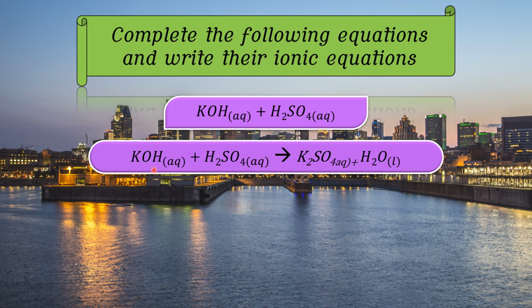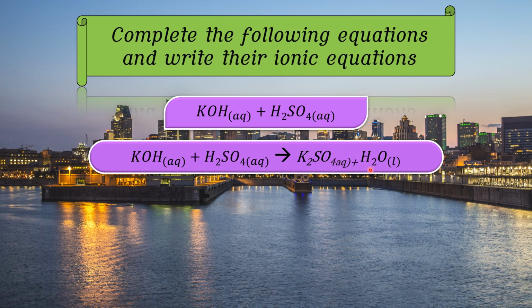So our complete equation will be potassium hydroxide plus sulfuric acid. We shall get potassium sulfate and water.